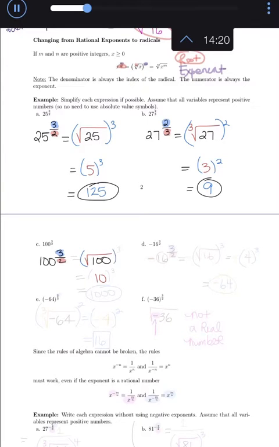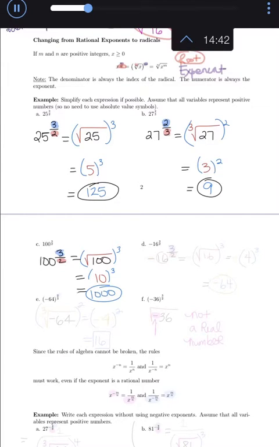So we cube 10, meaning 10 times 10 times 10, which gives us 1,000 as our final answer.